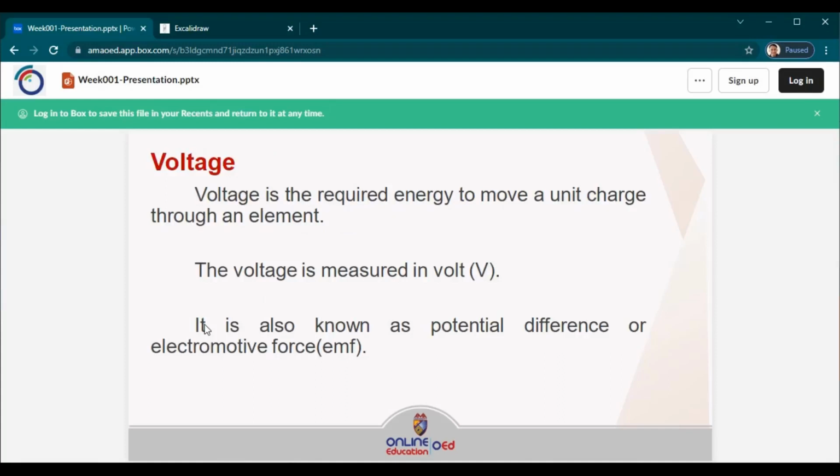Next, we have the voltage. Voltage is the required energy to move a unit charge through an element. The voltage is measured in volts. That's the unit, capital V. It is also known as potential difference or electromotive force, or EMF.